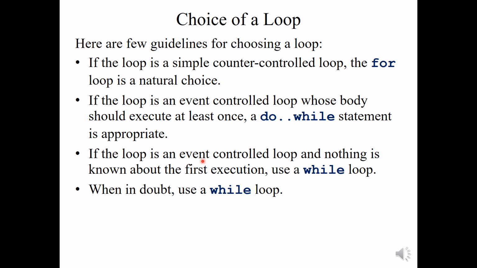And if it is again an event-controlled loop and nothing is known about the first execution, you don't know whether you want to do the execution once or not, then you use a while loop. So do while should be the least used loop, then while, and if you know the number of iterations, then the for loop is a natural choice.